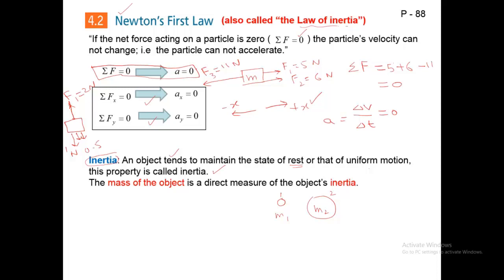If you apply the same force, say force is equal to 10 Newton, on this small object and on this big object, it's easier to move this small object M1. Why? Because its mass is smaller, which means its inertia is smaller, right? And similarly, if you have greater mass, it means greater inertia.